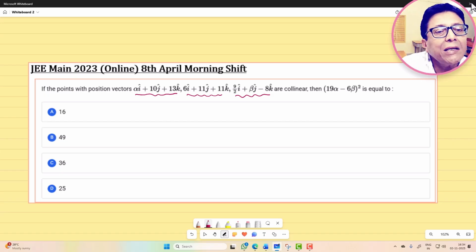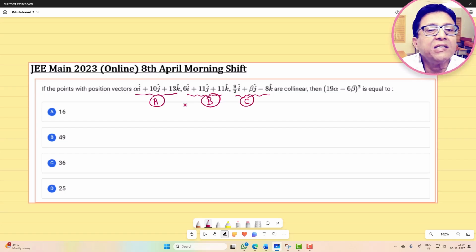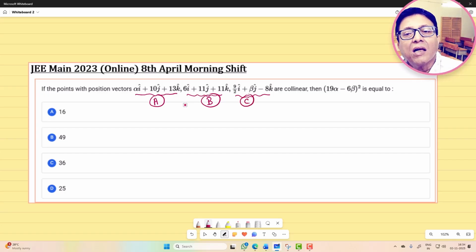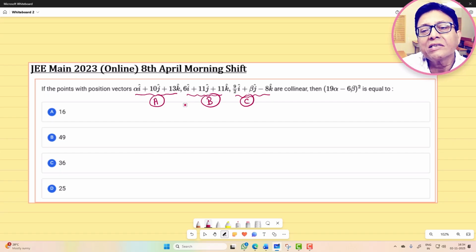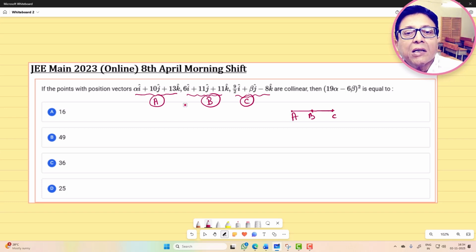So I will be taking this point as A, this one as B and this one as C. Then if these 3 points A, B and C are collinear, then AB vector is a scalar multiple of BC vector.